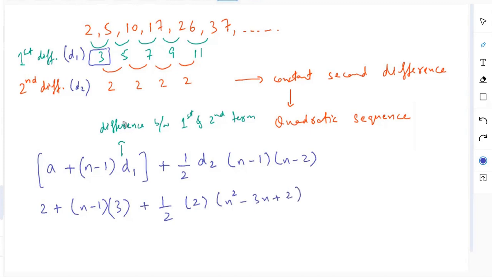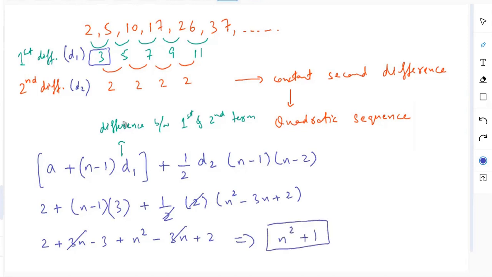Now you just simplify this: 2 plus 3n minus 3, these cancel, plus n square minus 3n plus 2. What does that give us? This gets cancelled, and we are left with n square plus 1.